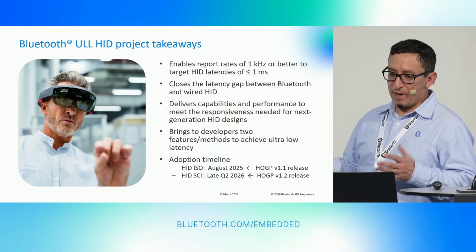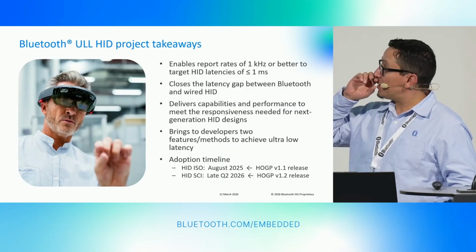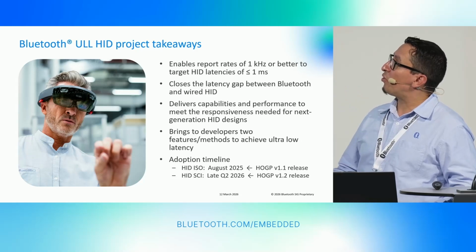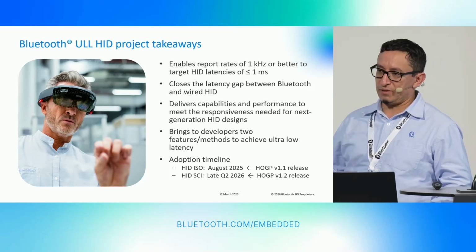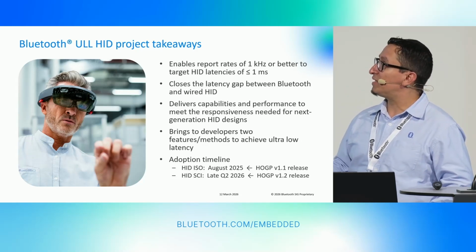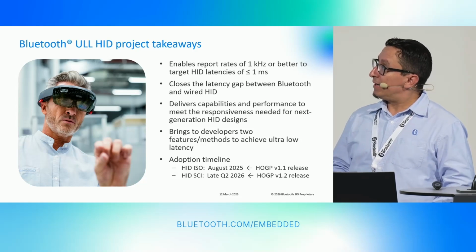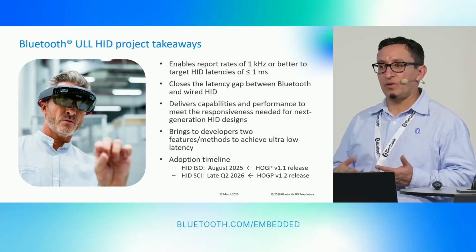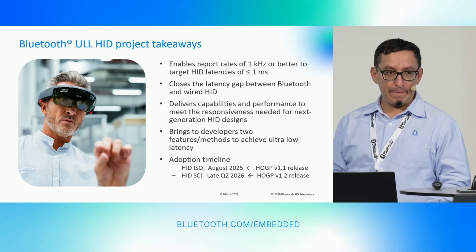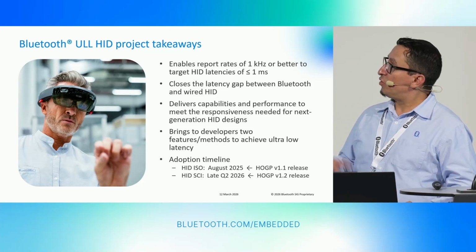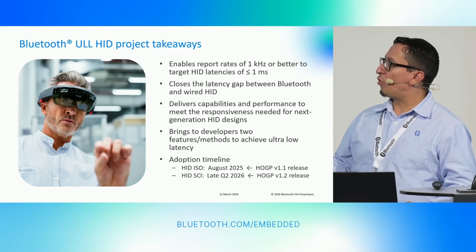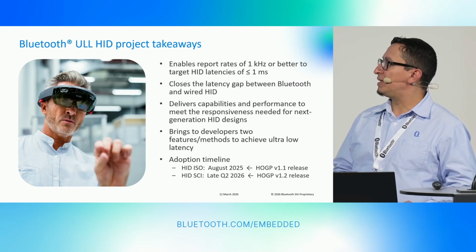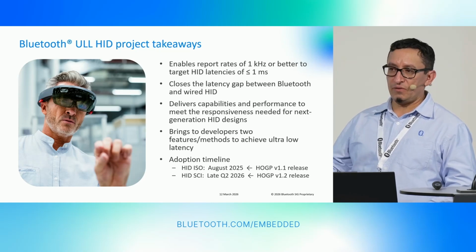To wrap up, the ULL HID project enables report rates of 1 kilohertz or better to target HID latencies of 1 millisecond or less. ULL HID closes the latency gap between Bluetooth and wired HID. ULL HID delivers capabilities and performance to meet the responsiveness needs for next generation HID designs.